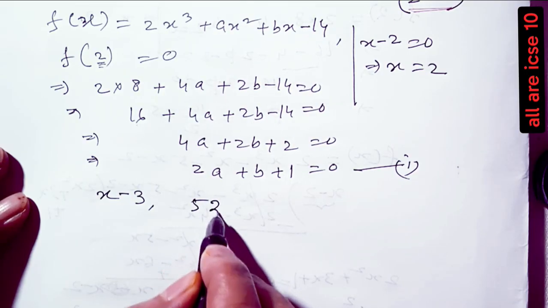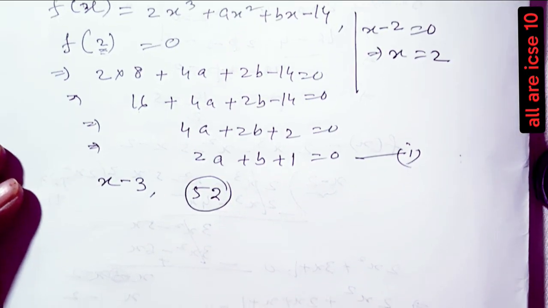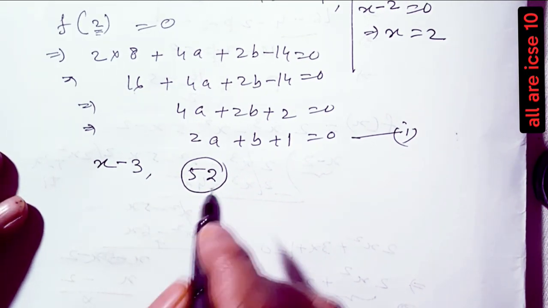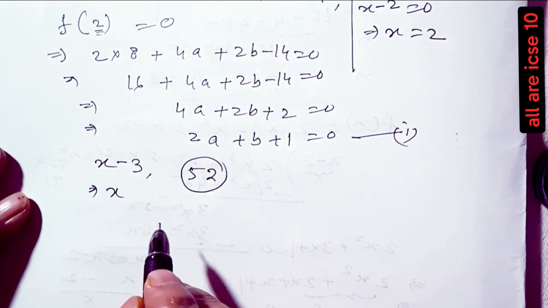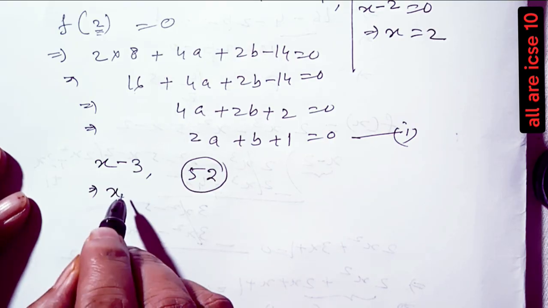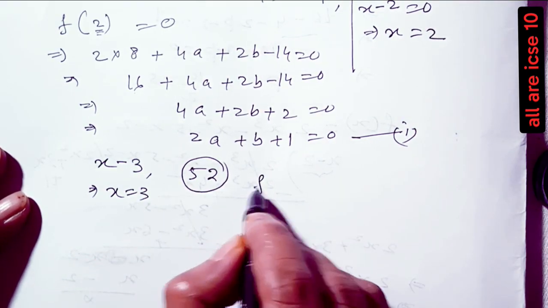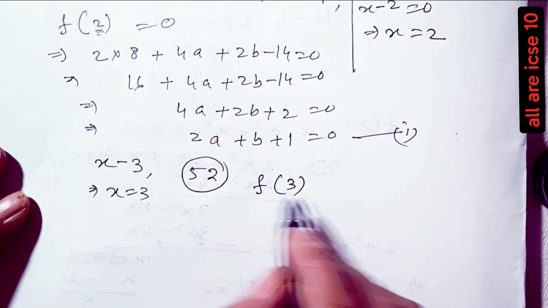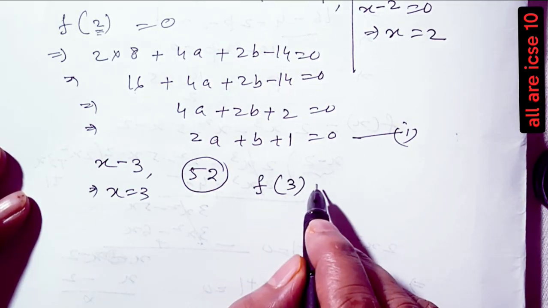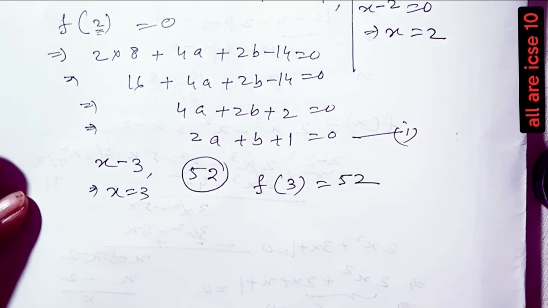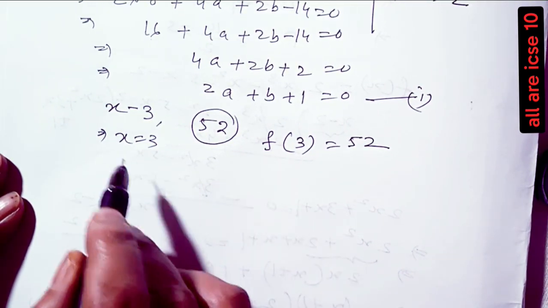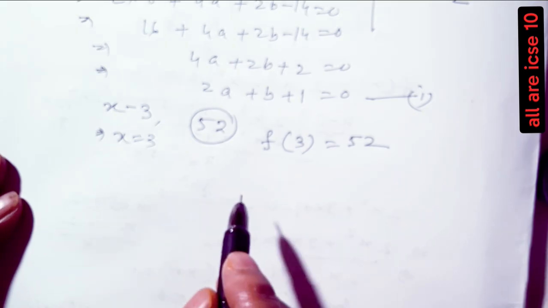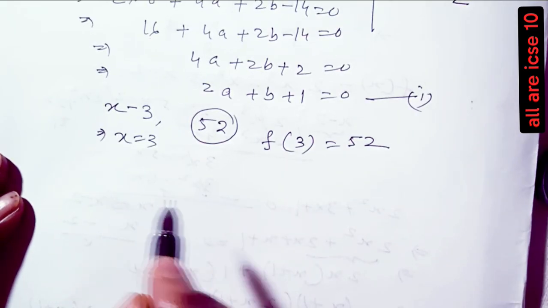The remainder is 52. So using the remainder theorem, when x minus 3 divides the polynomial, x equal to 3, meaning f(3) will be the remainder. So f(3) equal to 52. Now we put the value of x equal to 3 in our polynomial.